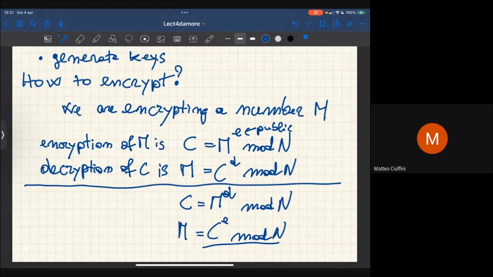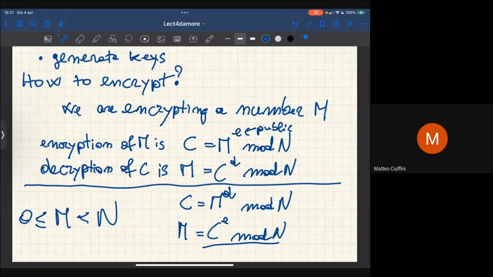And for mathematical soundness, we need that M is typically smaller than N. If we want to encrypt a bigger number, we need some operation modes, but typically they are not used for that.